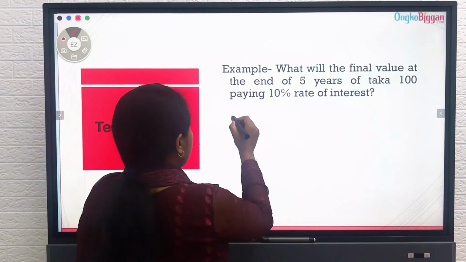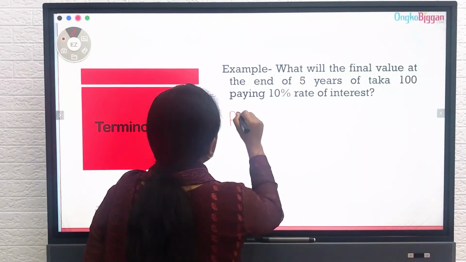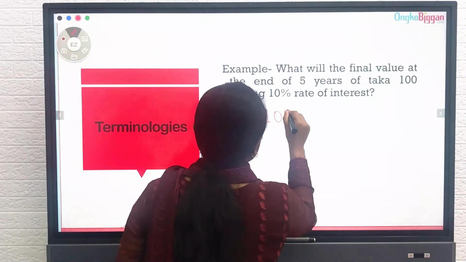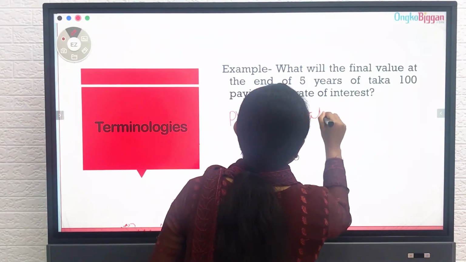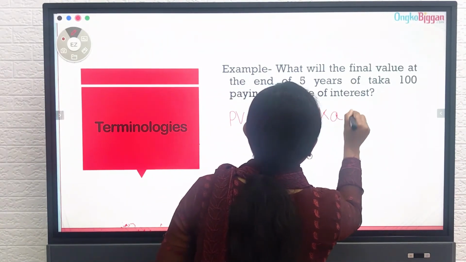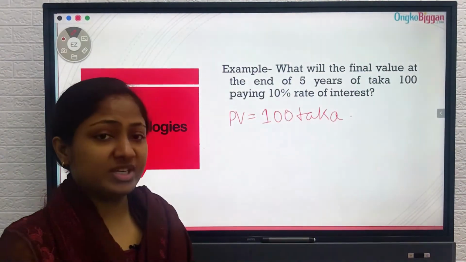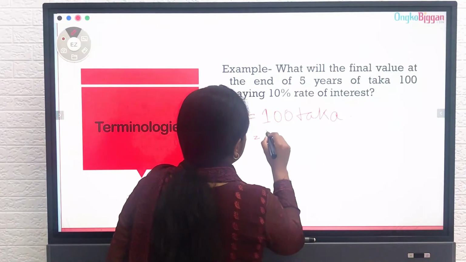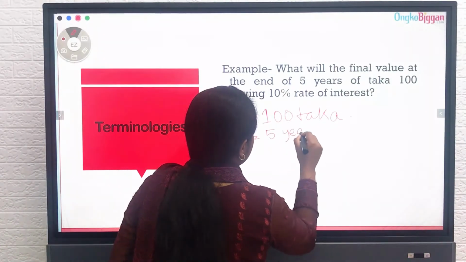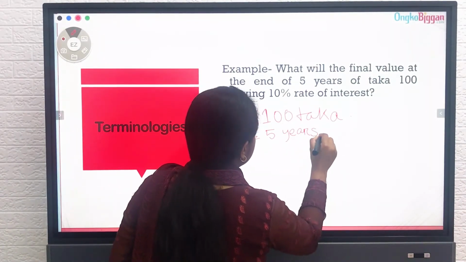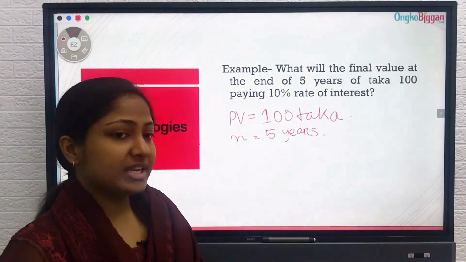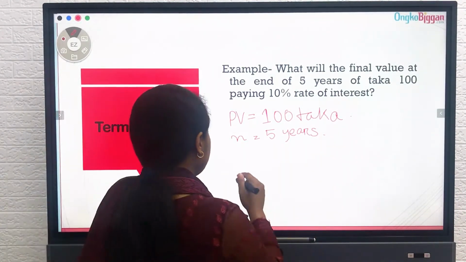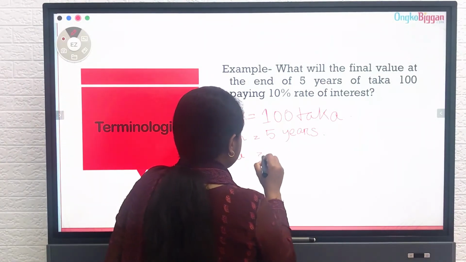So here our present value is 100 taka. And what is the duration? Our duration is 5 years. And what rate will this give? 10% interest rate.